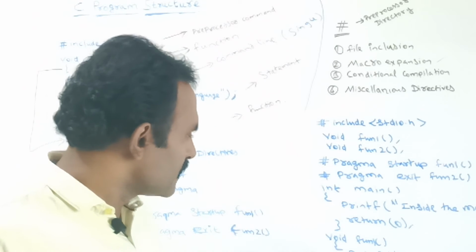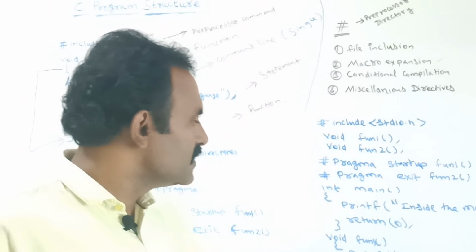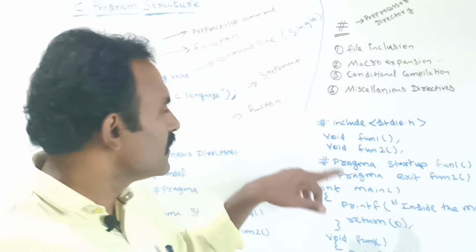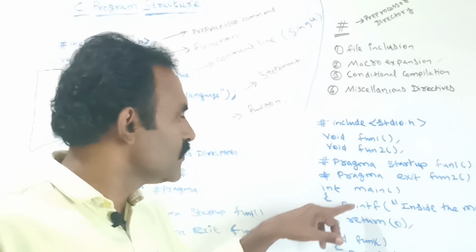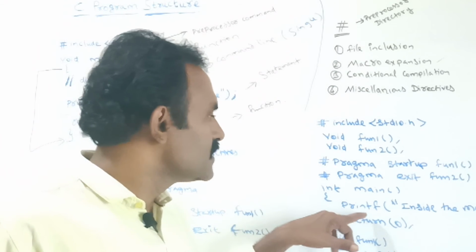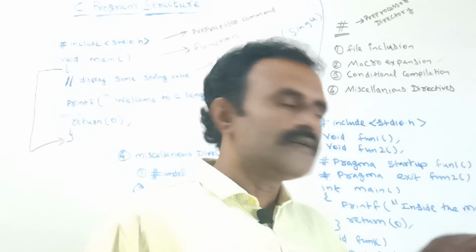Here I have declared the startup to function 1. So when we are executing the program, this statement will be executed very first. After that only it will go to the main function, where I have told it to display inside the main function.